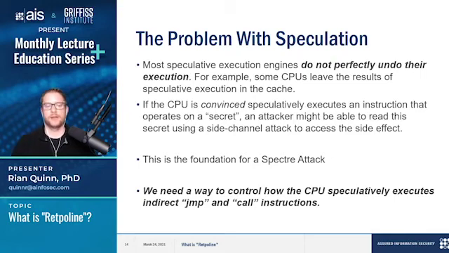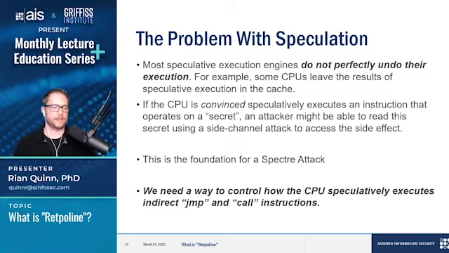But since the state is not completely undone, there are these side effects, these things that are left behind. If it just so happens that the CPU speculatively executes an instruction that happens to be operating on a secret, say a password or a crypto key or something like that, well, that password or crypto key might remain inside the CPU somewhere, and it's possible that an attacker could use a side channel attack to gain access to this secret.